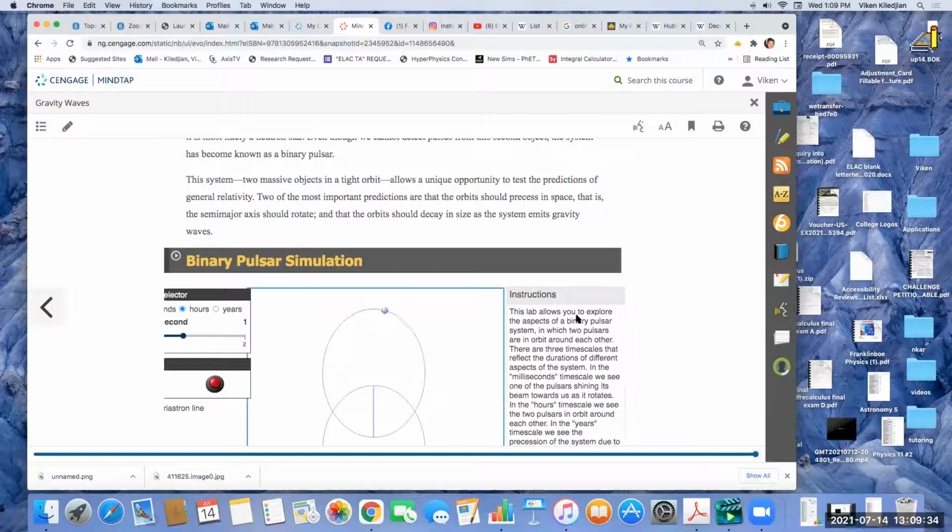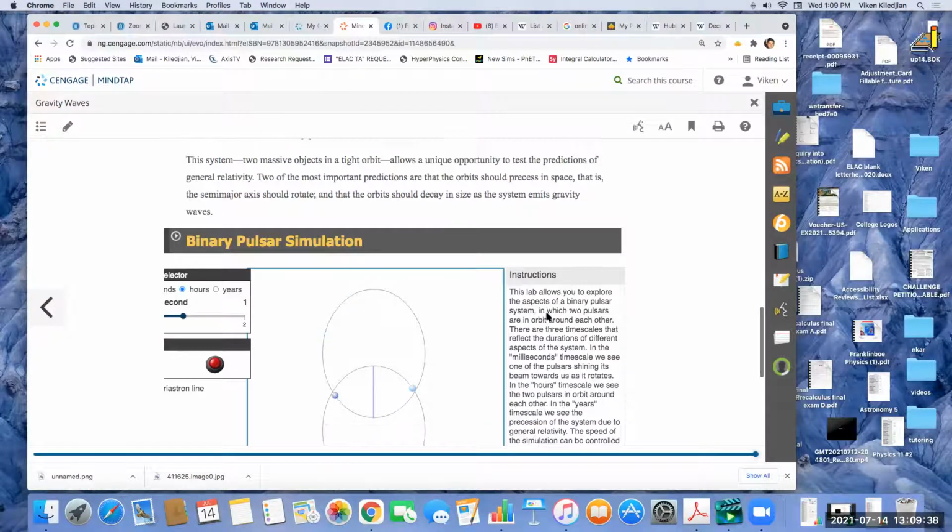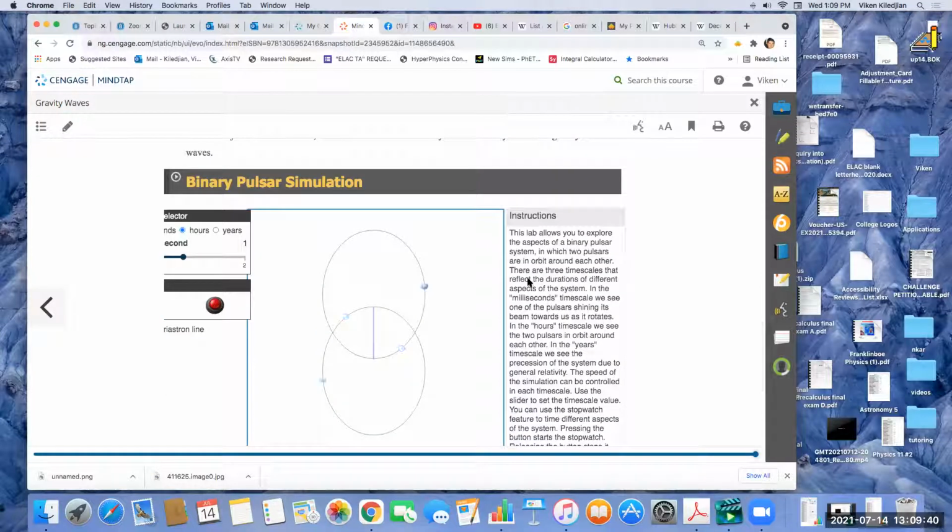This lab allows you to explore the aspects of a binary pulsar in which two pulsars are in orbit around each other. There are 3 timescales that reflect the durations of different aspects of the system. In the milliseconds timescale, we see one of the pulsars shining its beam towards us as it rotates. In the hours timescale, we see the 2 pulsars in orbit around each other.